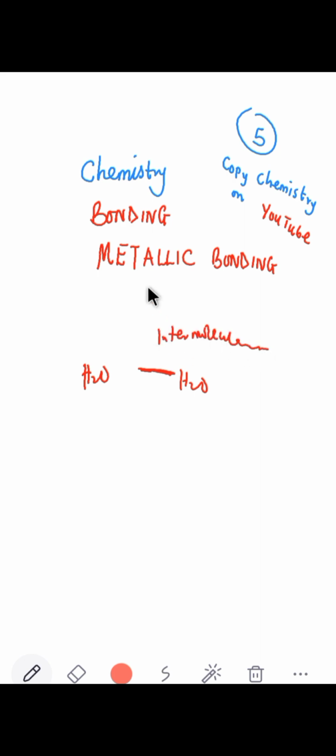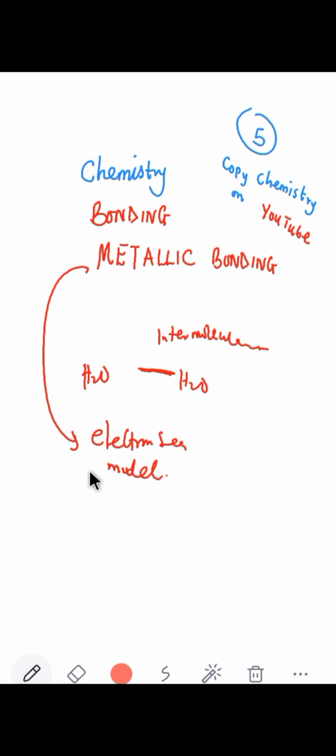What happens in your metallic bonding is between metal ions, and that's why you call the metallic bonding the electron sea model. That's because it happens between the ions. You have the positive ions, which we call kernels.